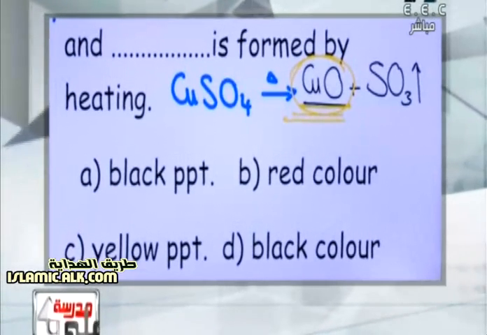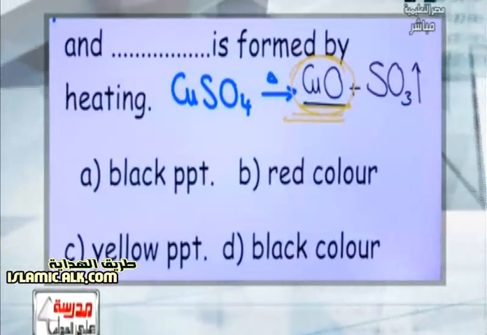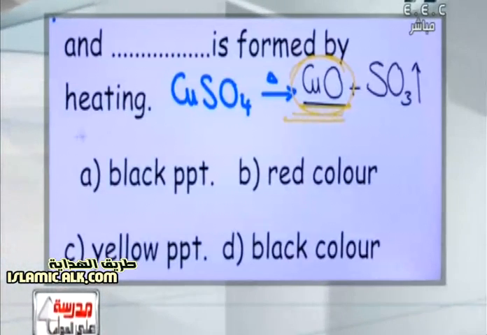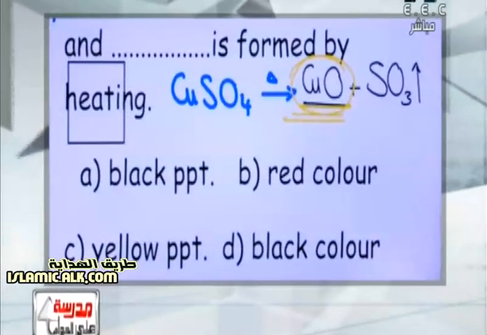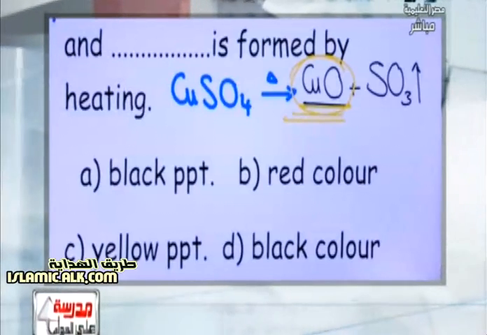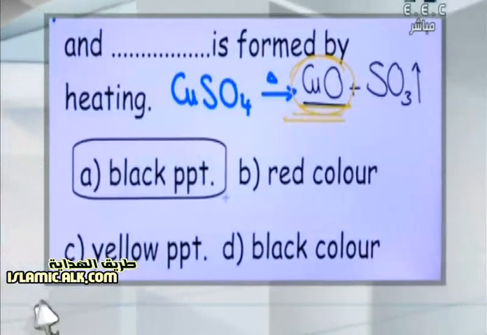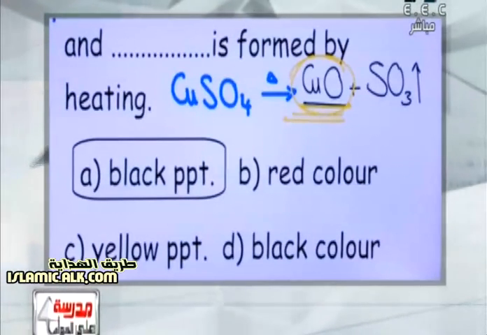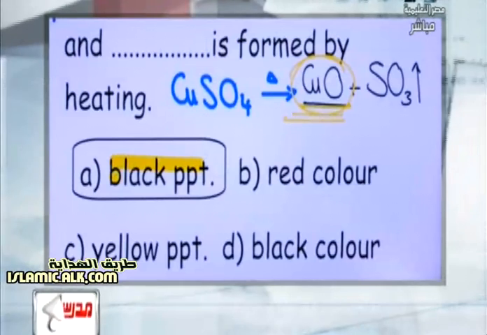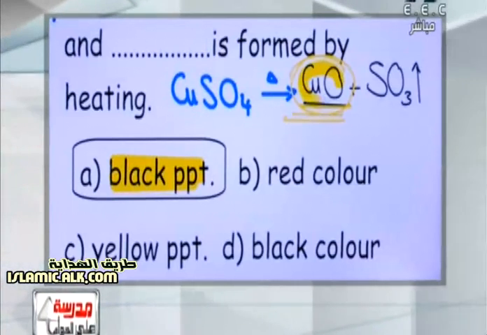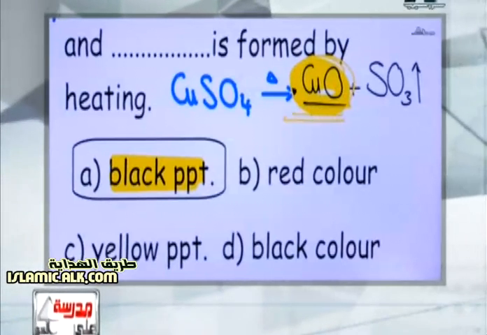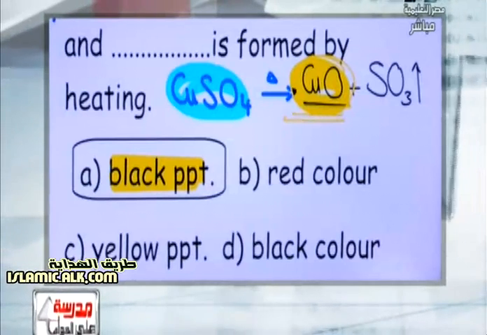We answer according to, yes dear students, black PPT, because we talk about copper oxide. So I will choose the first choice, black precipitate, because we answer the equation according to copper oxide, and the color of copper oxide is black. But the color of copper sulfate is blue.